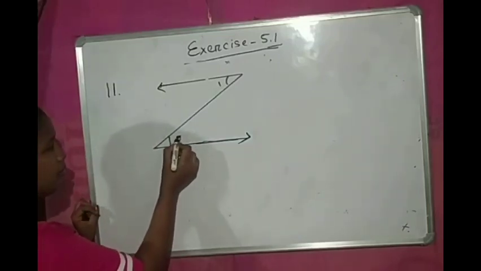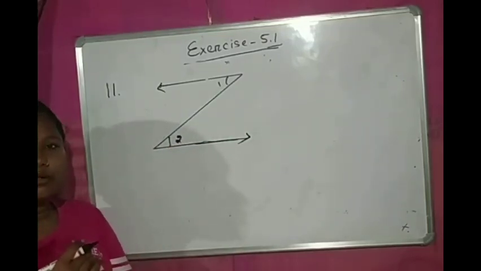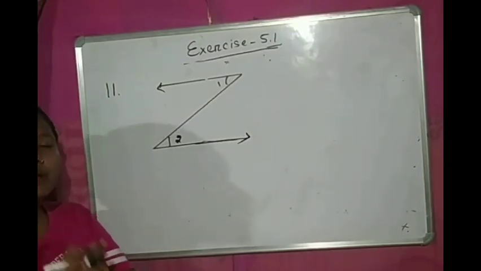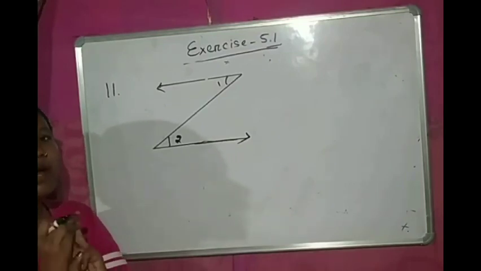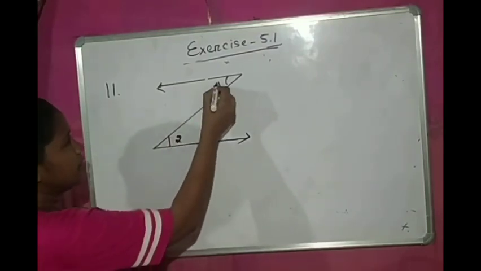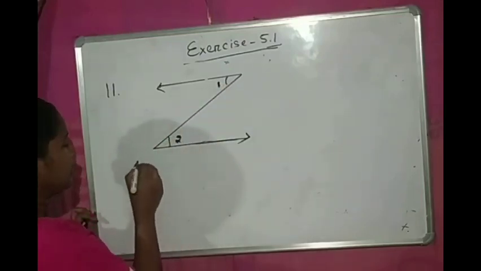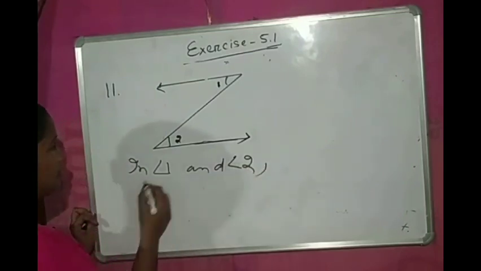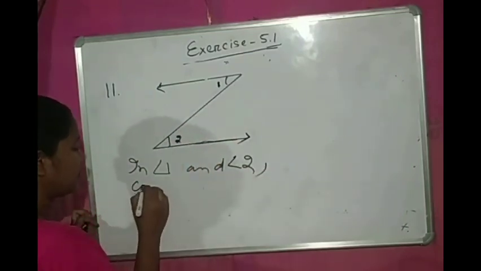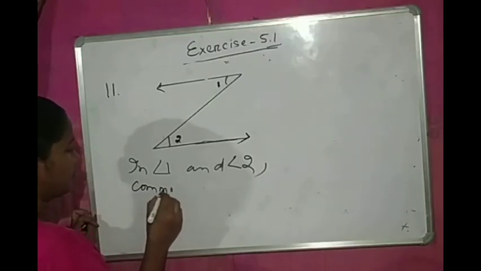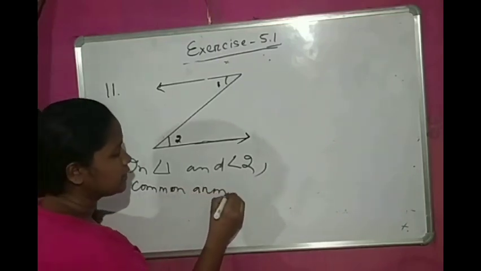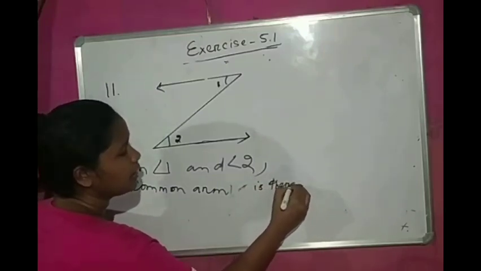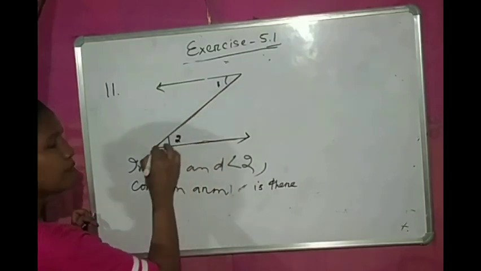Give reasons. So for adjacent angles, what do we want? We want a common vertex, a common arm, and the two uncommon arms on the two sides of the common arm. So look here. These two are angle 1 and angle 2. They have a common arm. The common arm is present. This is the common arm.